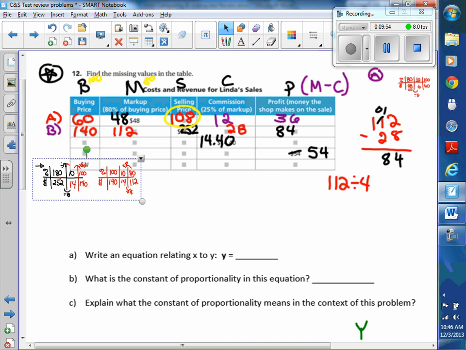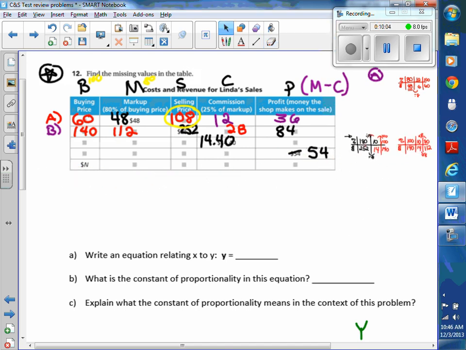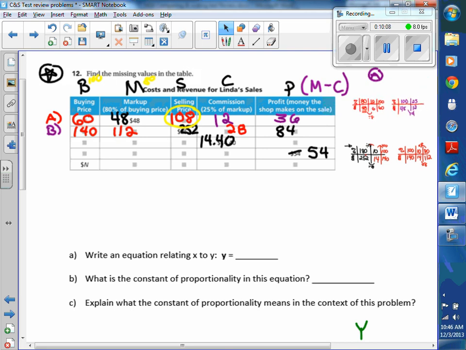Shrink it up. That over here. Oh, I think I lost part of it. No, there it is. Okay, so for part C, you have the commission, and you know that's a fourth of the markup.